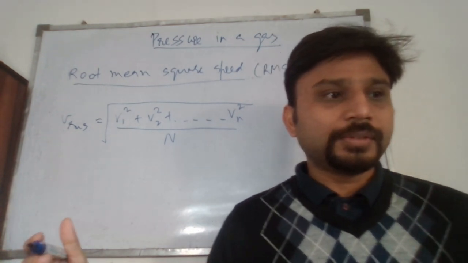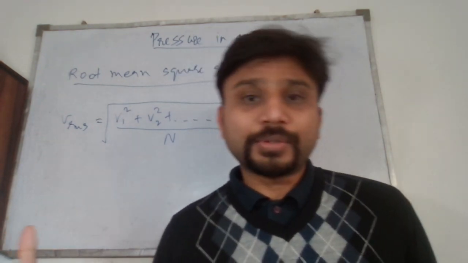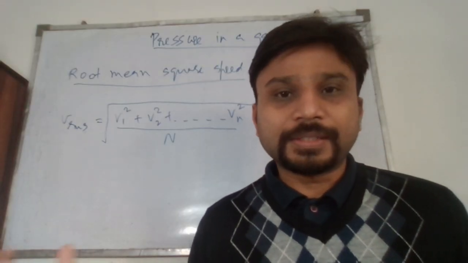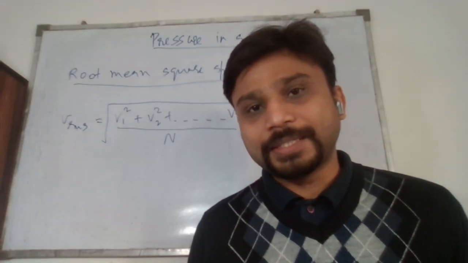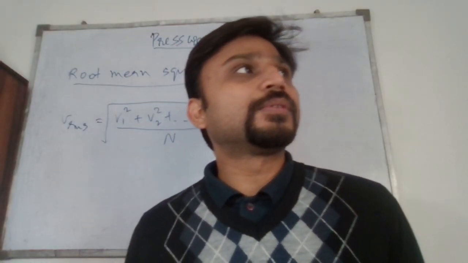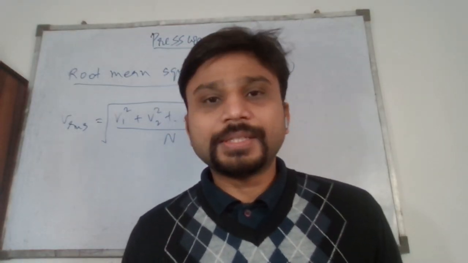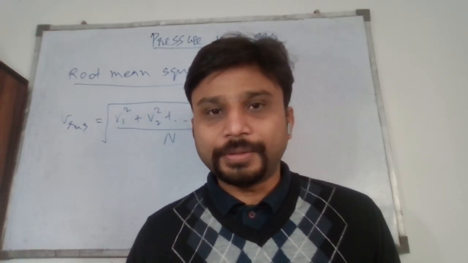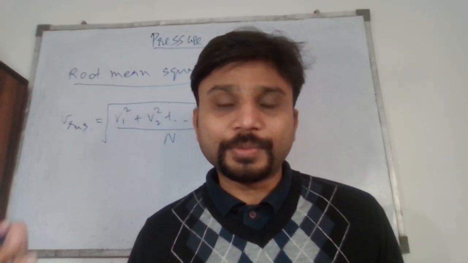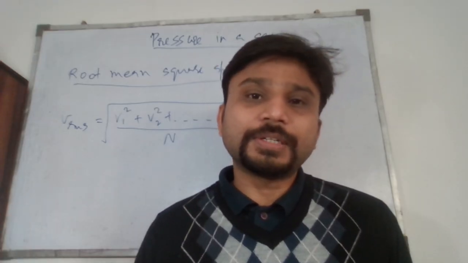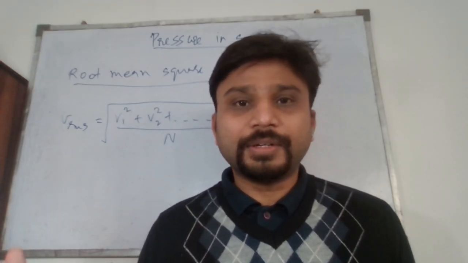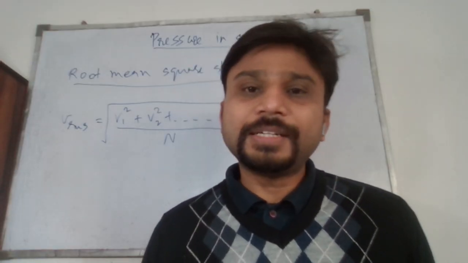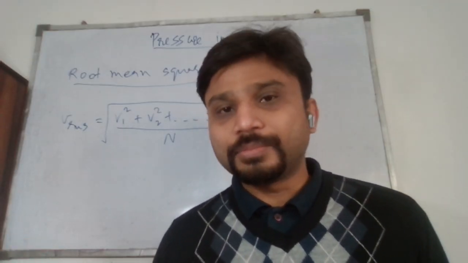So this should be very important for us, right? We are studying microscopic particles, microscopic properties of a gas. When we say microscopic particles have some speed, we want to know what is the variation in those speeds, and what is an average value of those speeds?